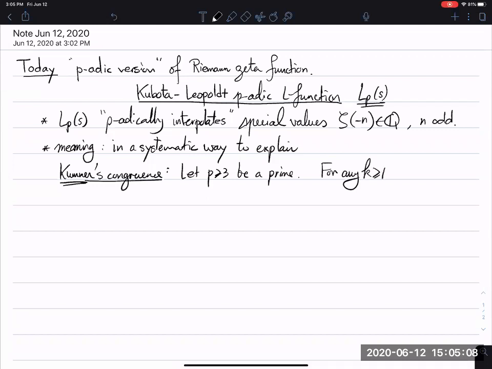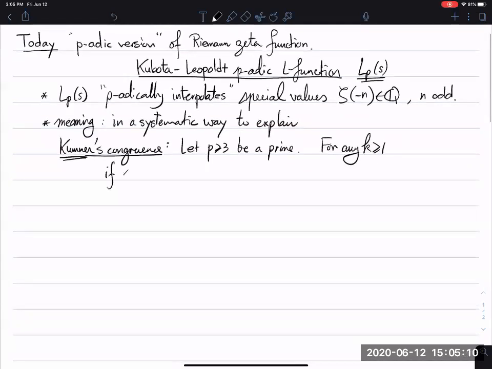if n1 is congruent to n2 modulo a high power of p, but also you want n1 and n2 to be congruent mod p minus 1. And also you want a technical condition that p minus 1 does not divide ni plus 1. Since they're congruent mod p minus 1, one of the conditions is the same.